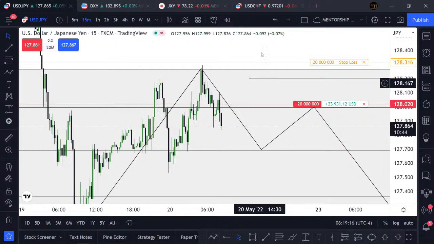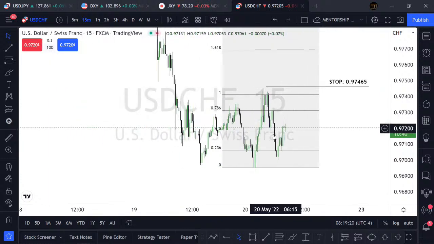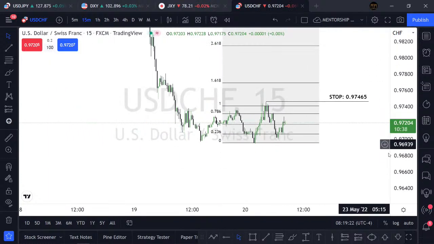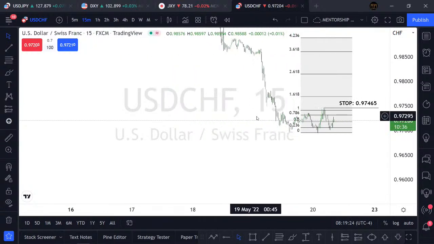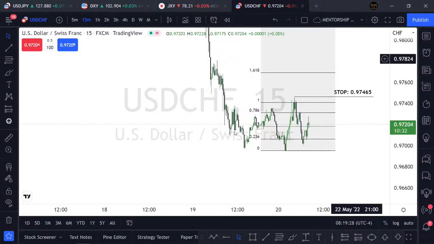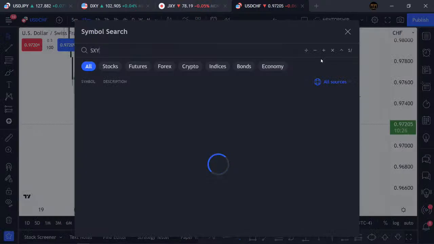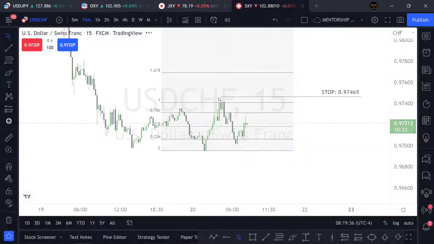Now let's go ahead and look for the USD CHF. I won't be interested in trading this today because I don't want to get involved in a lot of stuff here. Let's go ahead and look for the Swiss currency index.